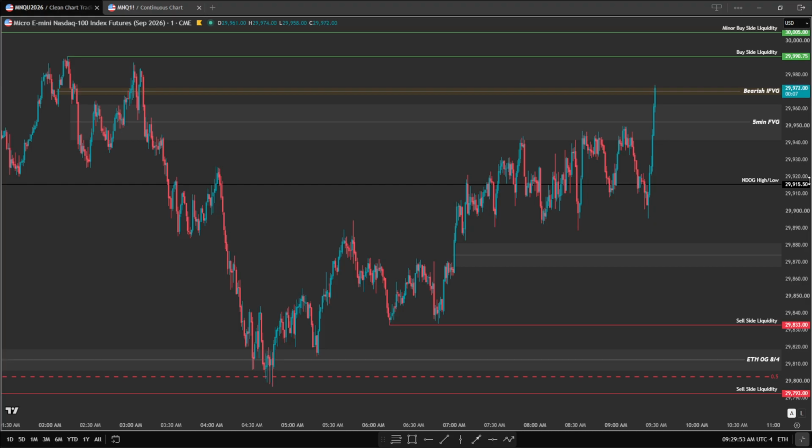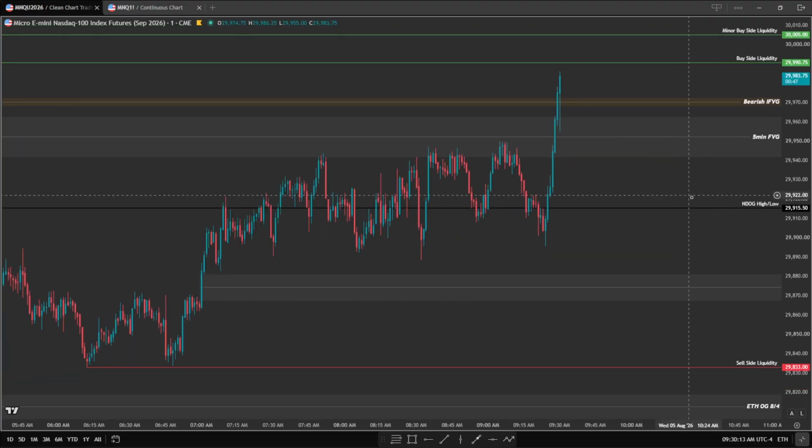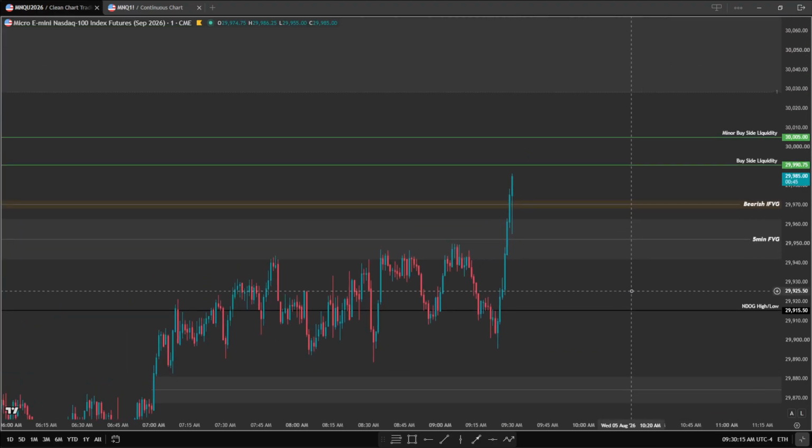Market opens in 10 seconds. It's popping before market open, which is interesting. Took a minor sell side and then popped up. Taking that minor.